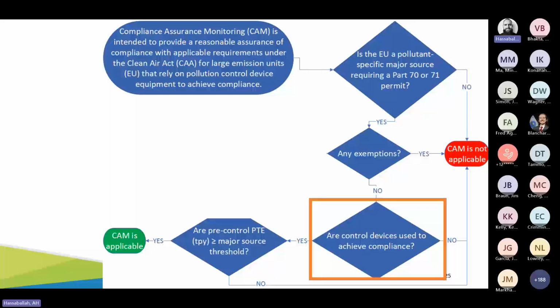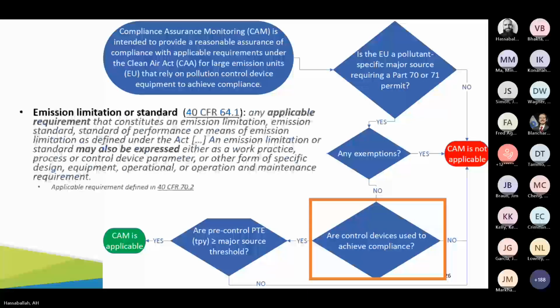We can move on to the next stage, which is, are control devices used to achieve compliance? Compliance with what? That is to say, is the emission unit subject to an emission limit or standard and uses a control device to achieve compliance? What is an emission limit or standard?